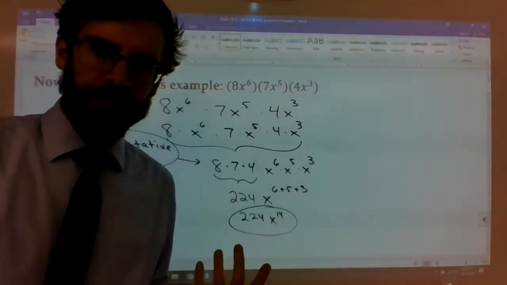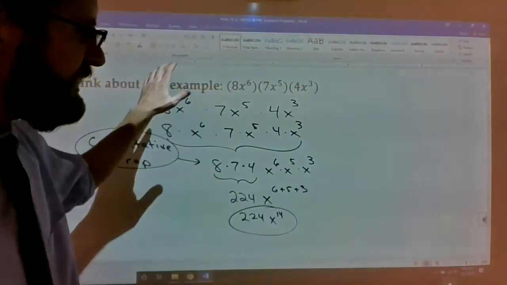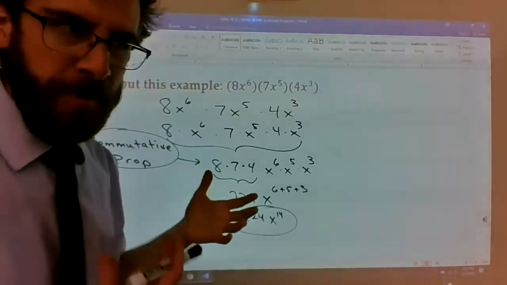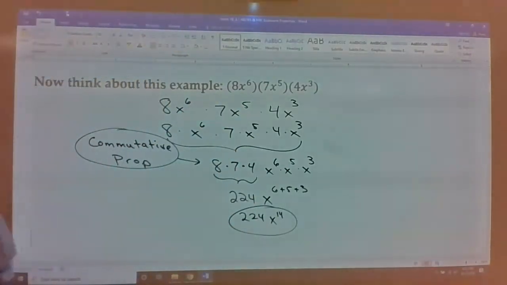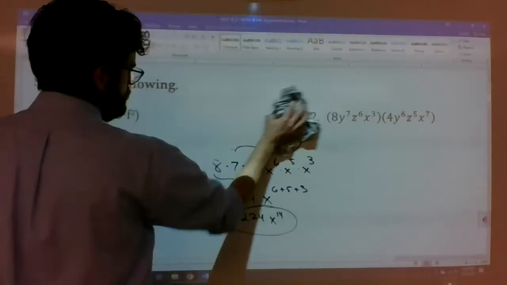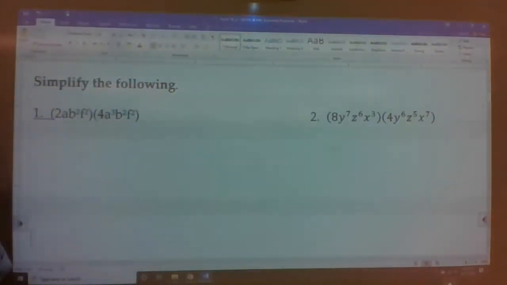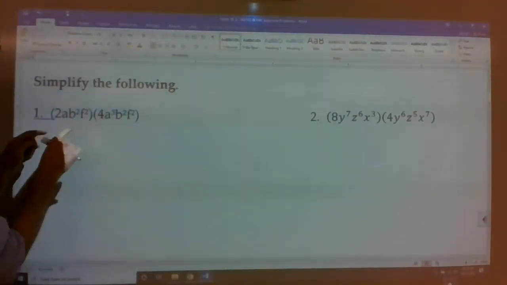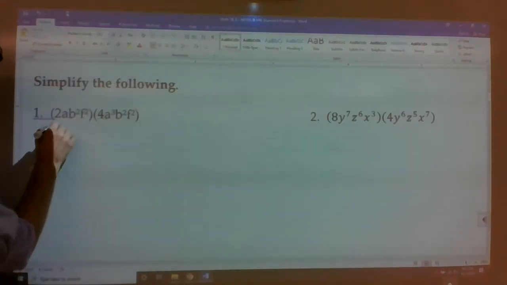Okay, so what does it look like when we've got not just x's, but maybe some other variables involved? So this is all multiplication.